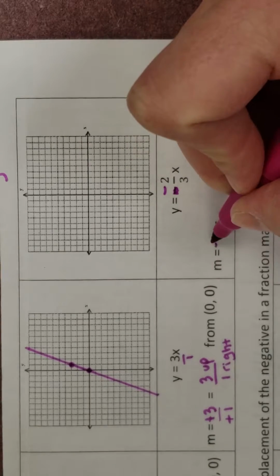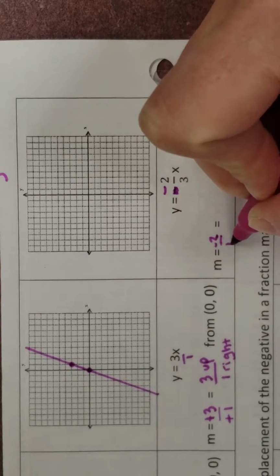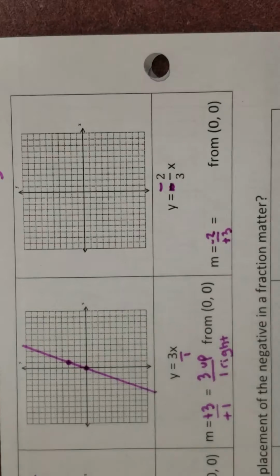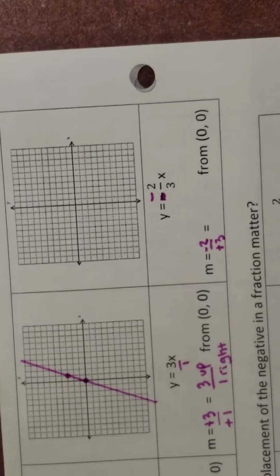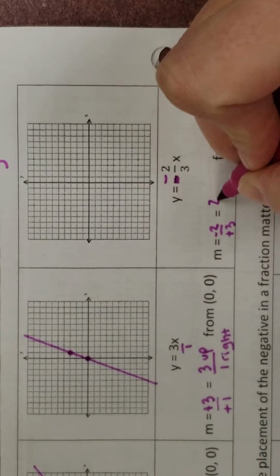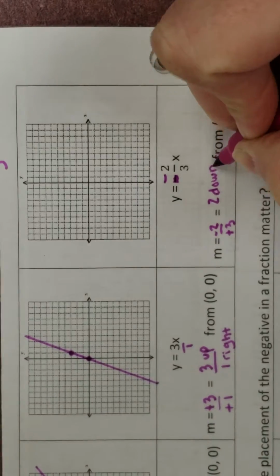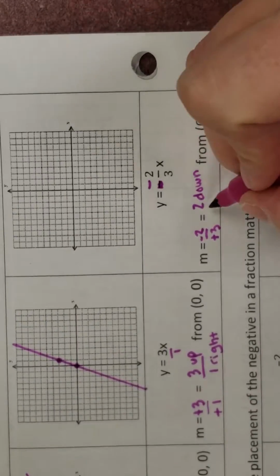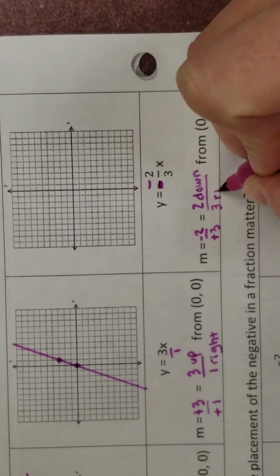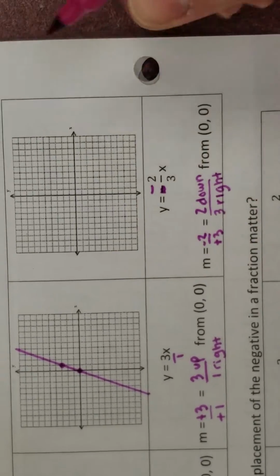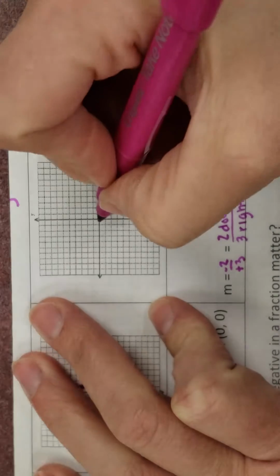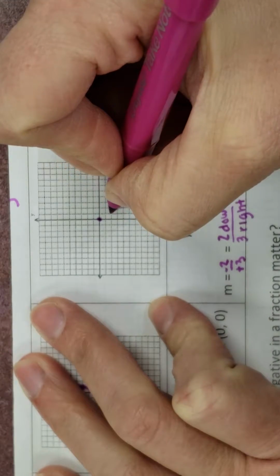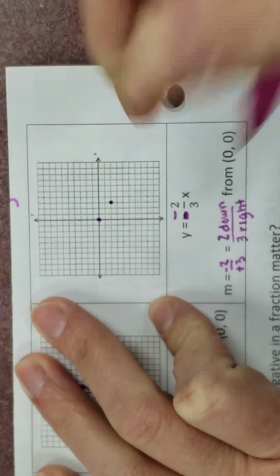So I have a negative 2 over a positive 3. And so now we're going to go 2 down, because remember, down is negative, and over 3 right. So from the origin, 2 down, 3 right.